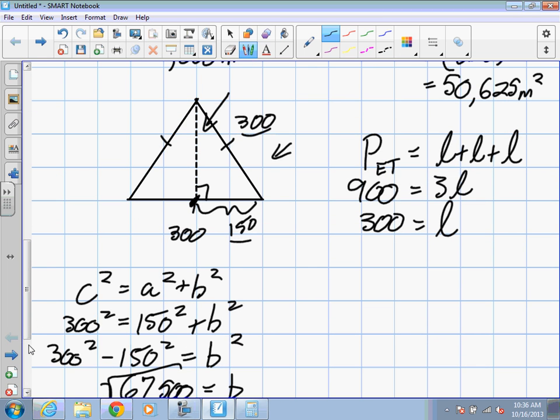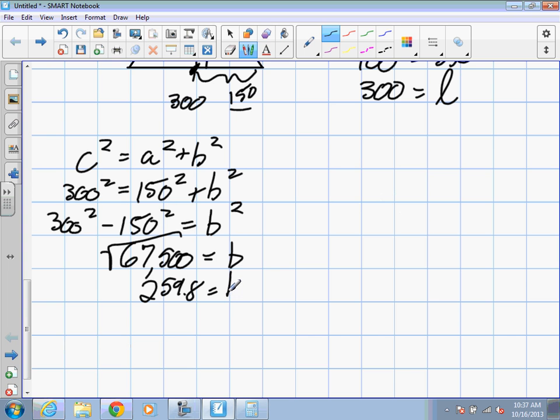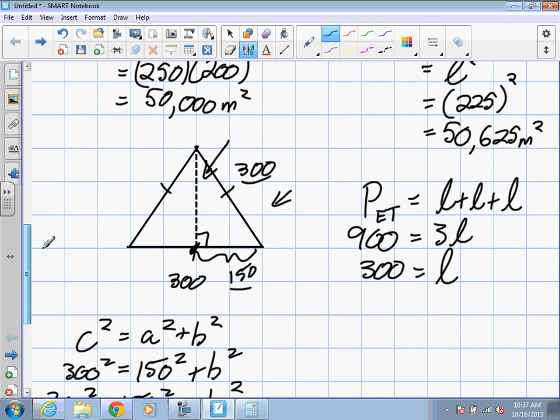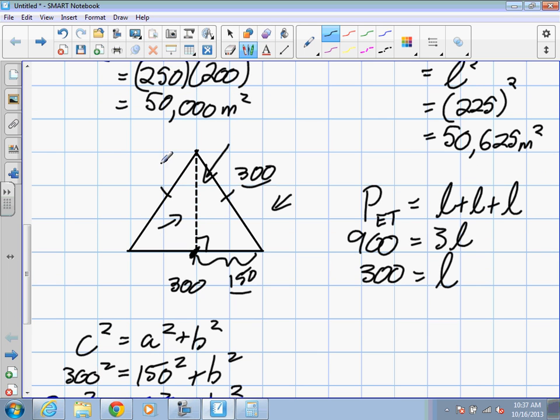So our b in this case, which was the height of this triangle, is 259.8. We know that the area of a triangle is equal to 1/2 times the base times the height. Okay? The base in this case is 300, and the height is 259.8, and then times 1/2.